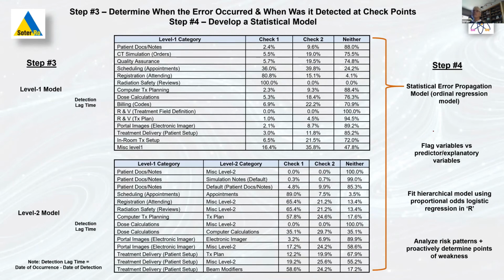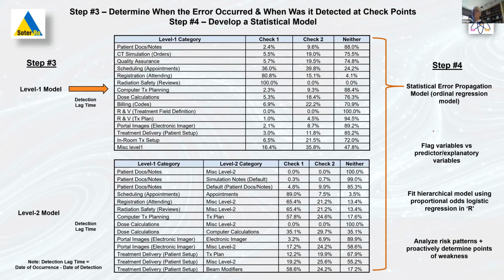So from what we have here, step 3 is that we break out these key categories and we break them into checks 1 and 2: where did the individual, whether it be physicist, doctor, or therapist, find the mistake at the first check level. So the mistake's made, it's gone downstream in these categories. Did you find it when you should have? And what percentage?